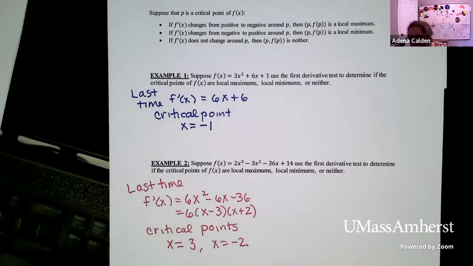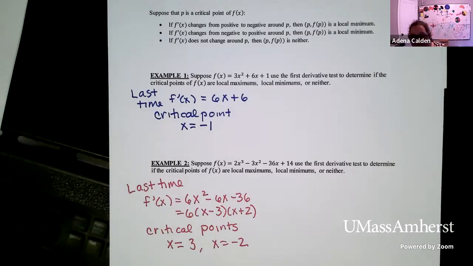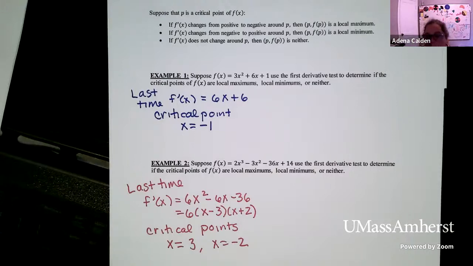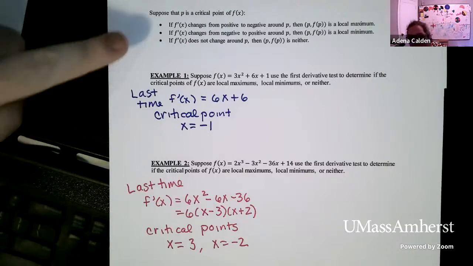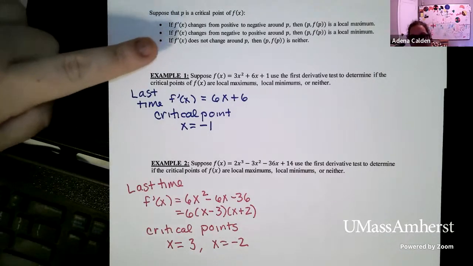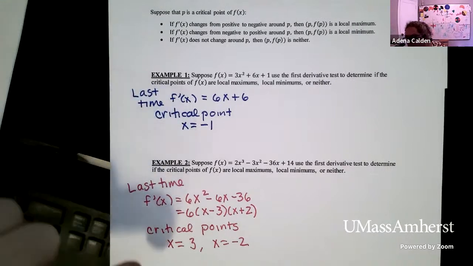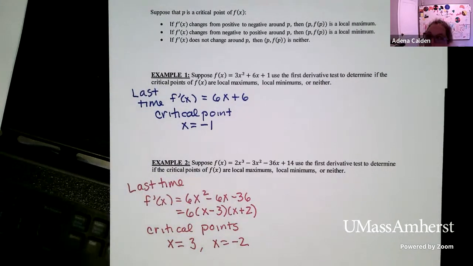So I want you to try these two problems, setting up these number lines and getting comfortable plugging things into the derivative. I'm going to give you about 3.5 minutes to do both of them, and try your best to just work through, get comfortable with plugging things into the derivative, and then you can use these classifications to see how it's changing. So if your derivative goes from positive to negative, it's a max, negative to positive, it's a min. But classify these 3 critical points, and then we will go through it together.